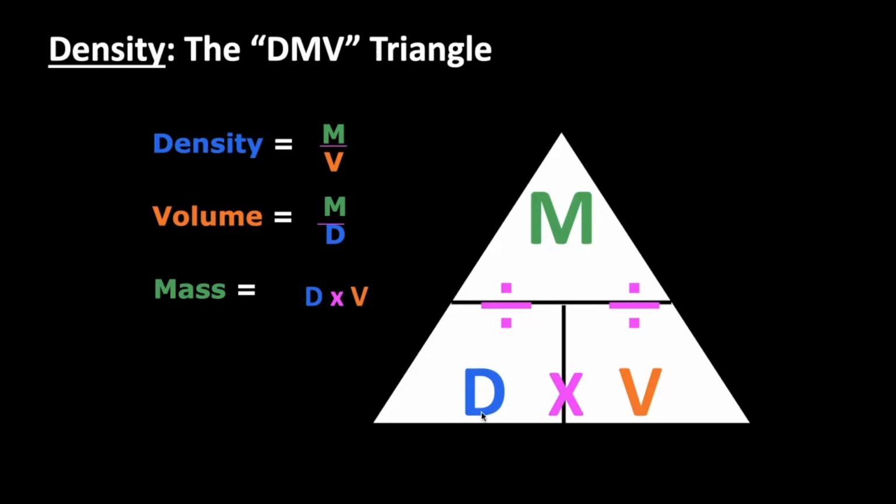Or if we had density, it was mass over volume. Now if we're solving for mass, it's density times the volume. And that's how you use the DMV triangle. Otherwise, if you're good with algebra, you'll just do the normal manipulation you would do.